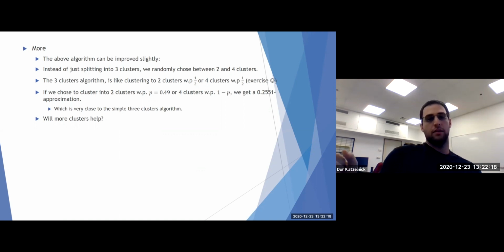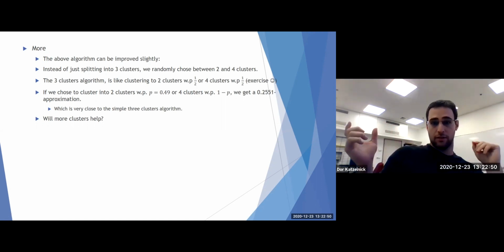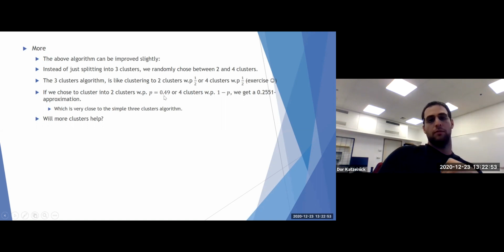But now you can ask, maybe we can choose 2 clusters with probability p and 4 clusters with probability 1 minus p, and then try to find the optimal p that will give you the best approximation. It turns out that if you choose p to be roughly 0.49, then you get a 0.2551 approximation, which is slightly better than the 0.254. And you can see that this is very close to the 3 clusters algorithm. You only choose the probability 0.49, so it's very close to half.